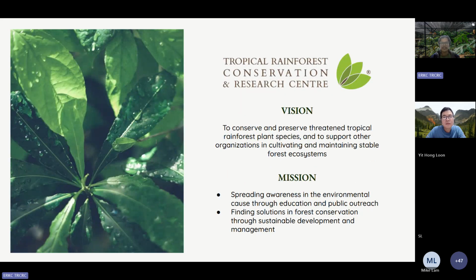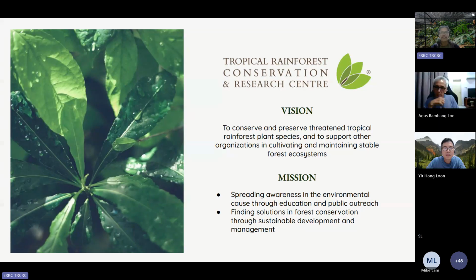So let me give a brief introduction of TRCRC for those who are new. We are a non-profit organization, or NGO, working on forest restoration and research partnerships across Malaysia. Our vision is to conserve and preserve threatened tropical rainforest plant species and also support other organizations in maintaining a stable forest ecosystem.